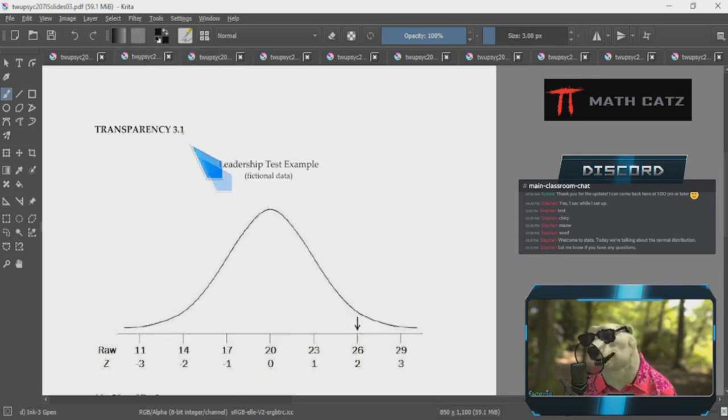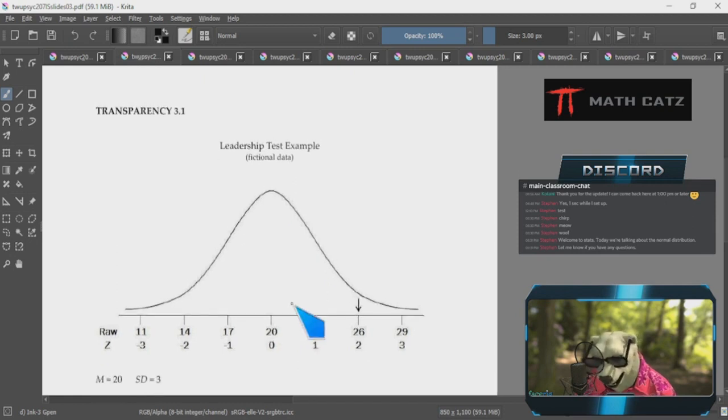And if I do the same thing over here, let me just move up a touch. There we go. This one has a mean of 20 and a standard deviation of 3. So depending on the variability, how people responded, the standard deviation is not the same.